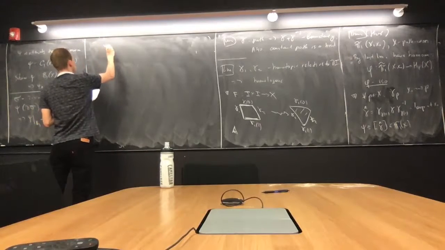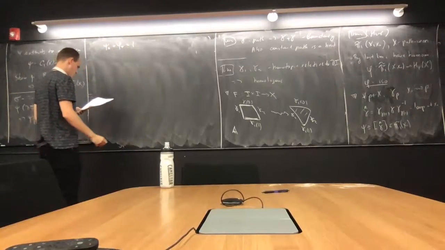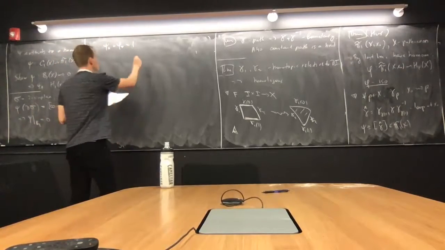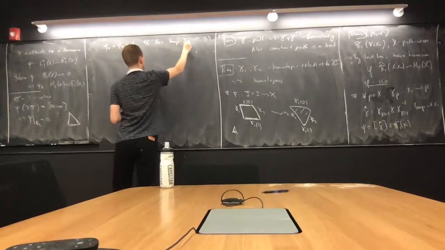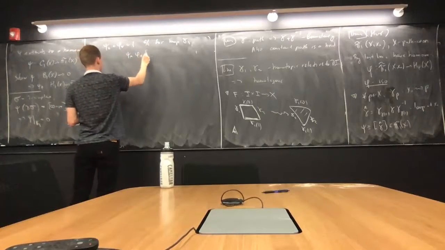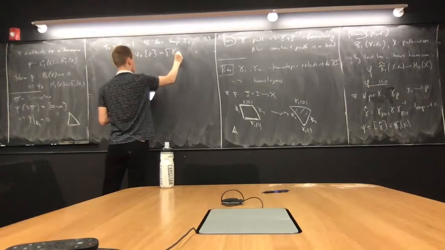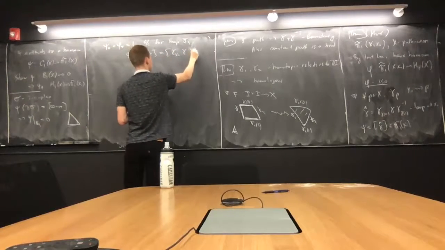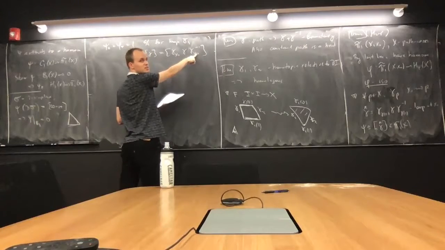First of all, psi star phi star is identity, because for a loop gamma, we have psi star phi star of gamma is just gamma x naught, gamma x naught inverse, but these are constant paths.